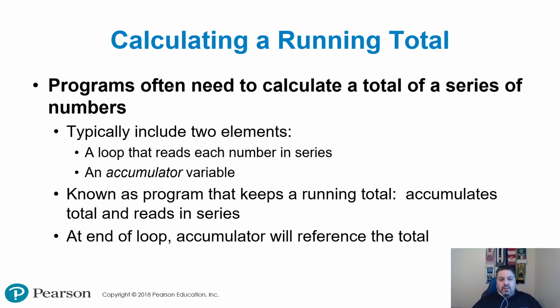If you're following along in your book, the assignment says write a program with a loop that asks users to enter a series of positive numbers, and a negative number should signal the end of the series. Yeah, let's work on that one.